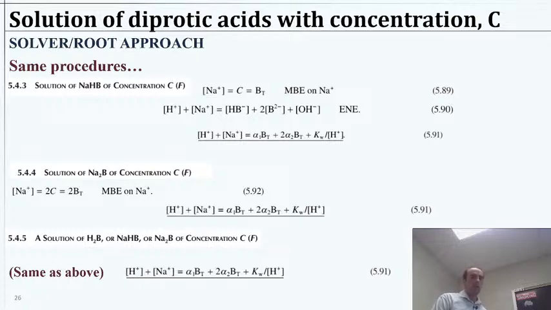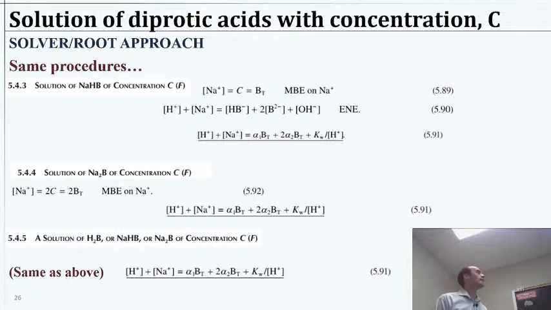We can do it for a system that's H2B, for NaHB, or for Na2B. It all comes to the same equation, really, no matter the case, and we just have to adjust, if anything, the mass balance of the amount of acid we're adding, right?